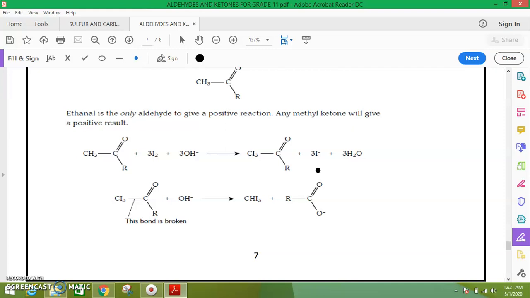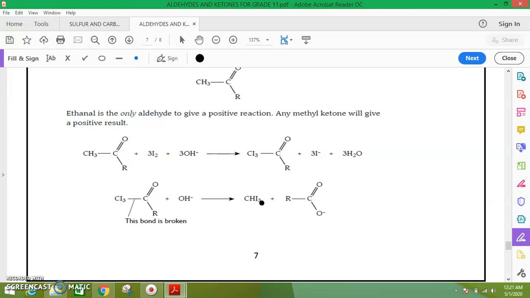In the second step, there is the breaking of the C-C bond. You can also call it oxidation. Breaking of the carbon-carbon bond by adding an alkali. When you add alkali, this C-C bond will break down and give CHI3.